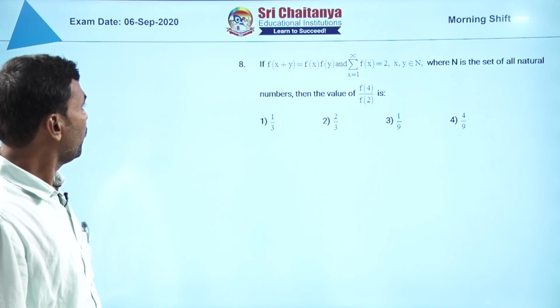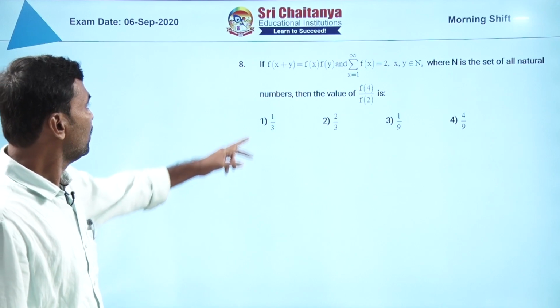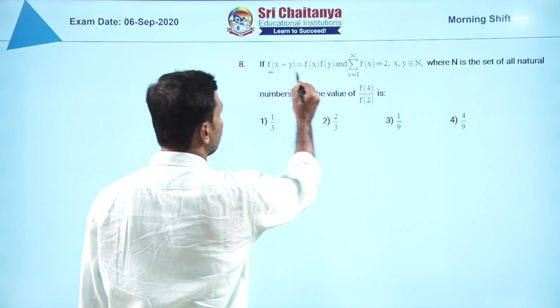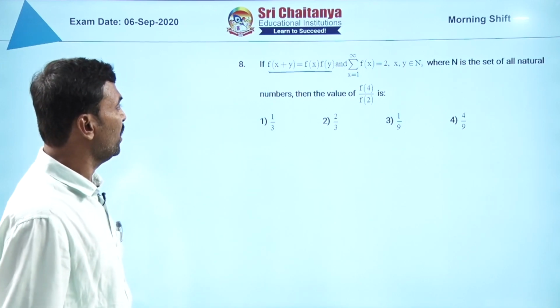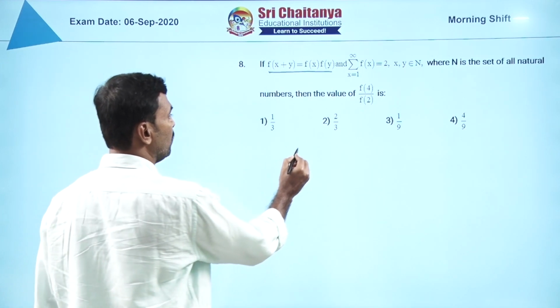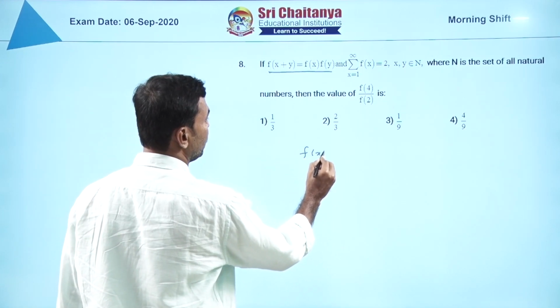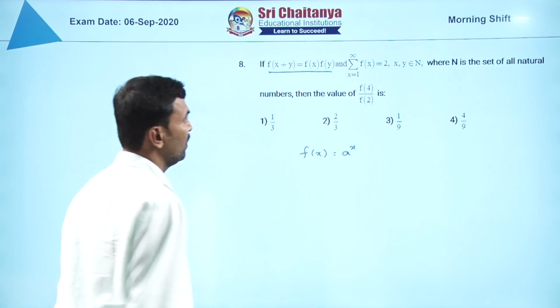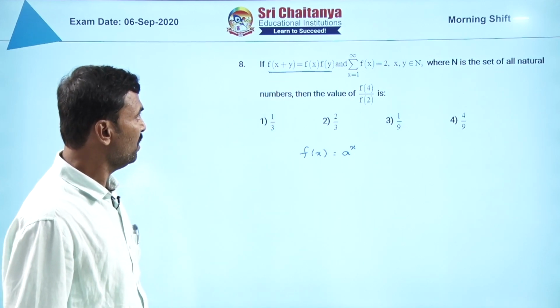In this problem, which is from functional equations, f of x plus y is equal to f x into f y. So, you can guess f x as some constant to the power x will satisfy this equation.